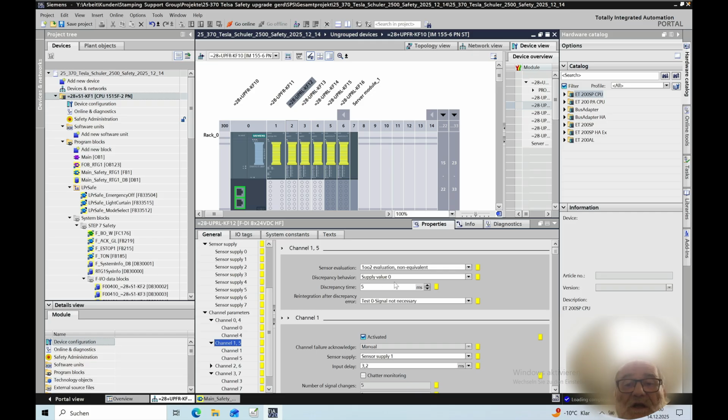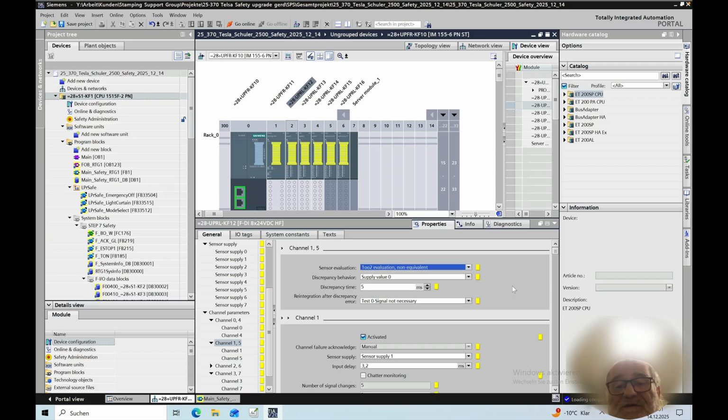So this is pretty much the explanation on how a 1oo2 evaluation works. And then we also have a 1oo1. A 1oo1 evaluation you need probably if you have an operator mode switch where you have to change different operator modes, like a manual mode or a die setting mode or automatic mode.